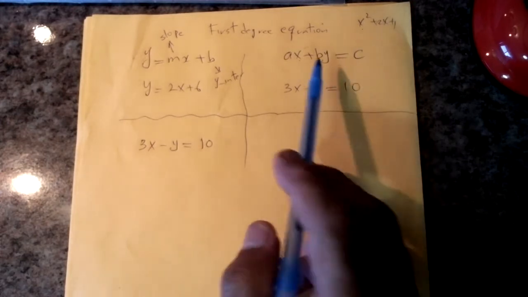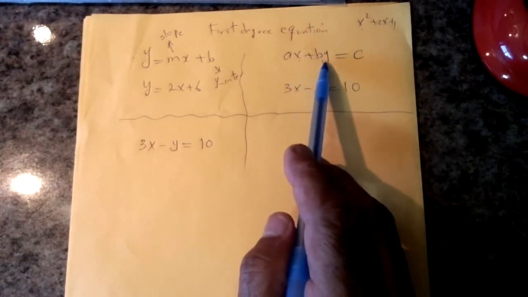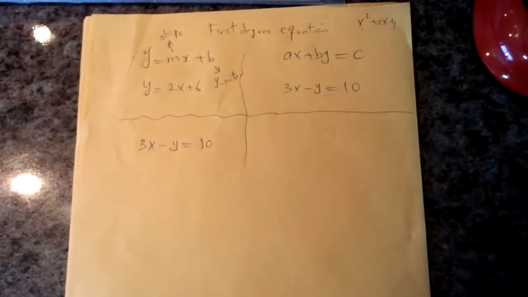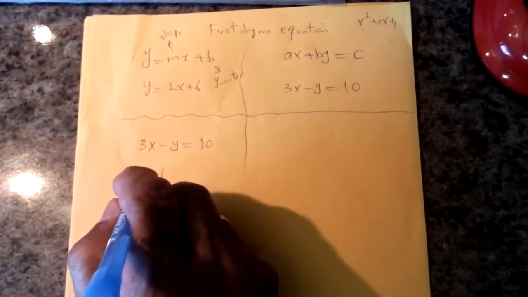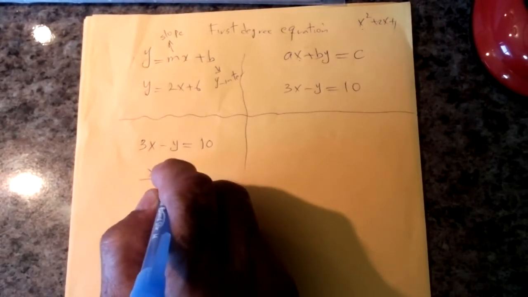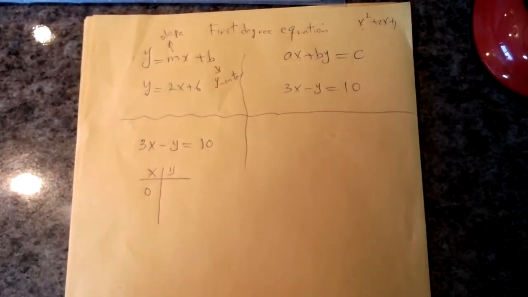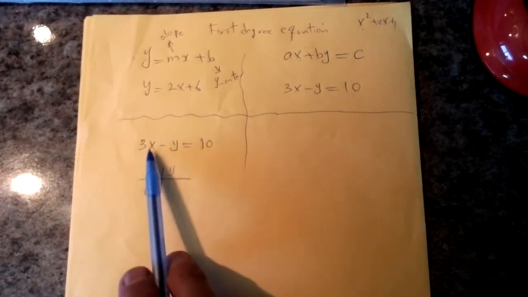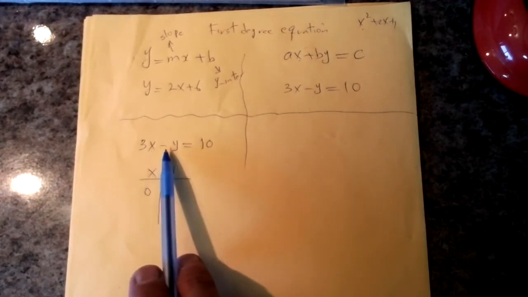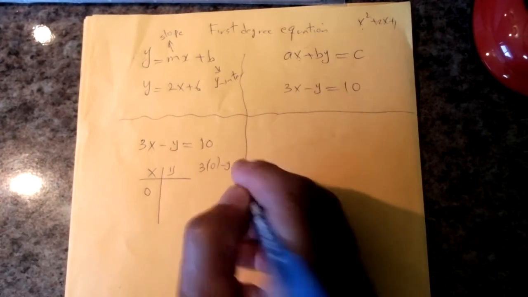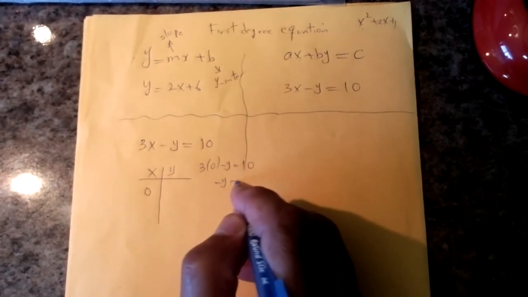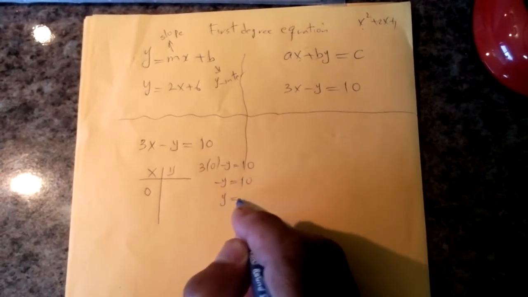When the equation is written in this form, meaning x and y both are on one side and c is on the other side, sometimes it's easy to use the x and y intercepts. That means you put 0 for x and find the value of y. So when I place 0 here, 0 times 3 is 0. So then I have minus y equal to 10, or y is negative 10.